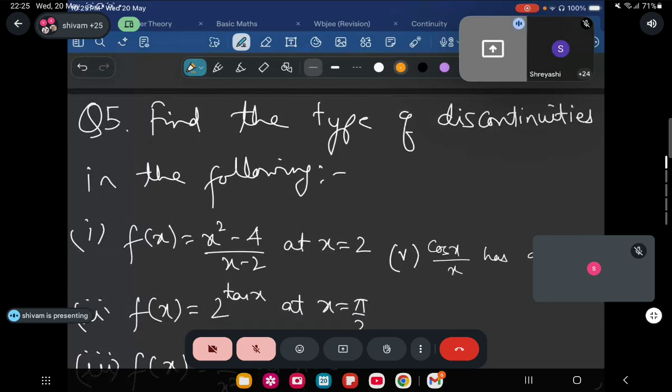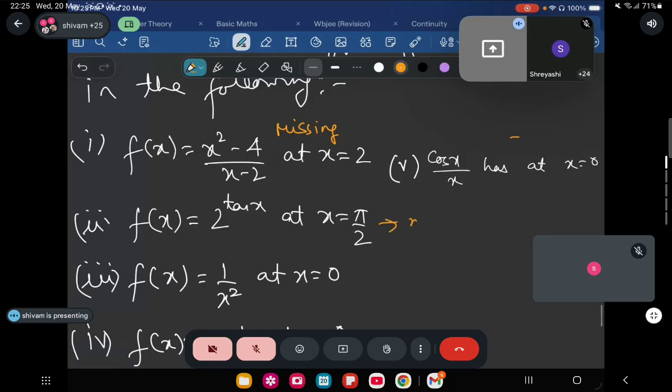Okay, number 5, part 1 is missing point discontinuity. Part 2 is non-removable, infinite type.